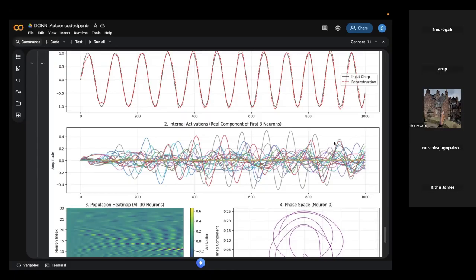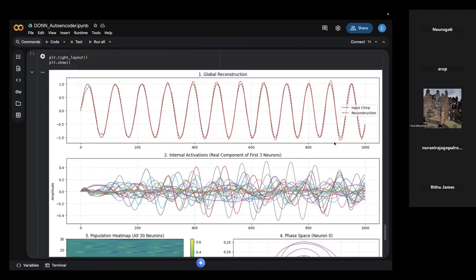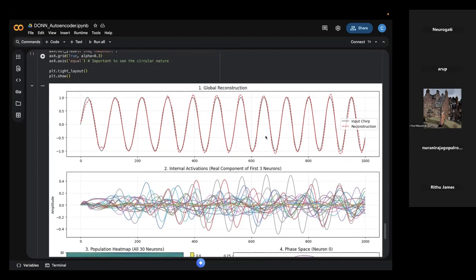Okay, so what is happening is, as the chirp signal comes in, because the frequency of this is not constant, right? It is increasing in time. It is activating different oscillators in the layer. Okay, and what do we mean by activating? The oscillators' activations, the amplitude of the oscillators, are increasing in time and then reducing.